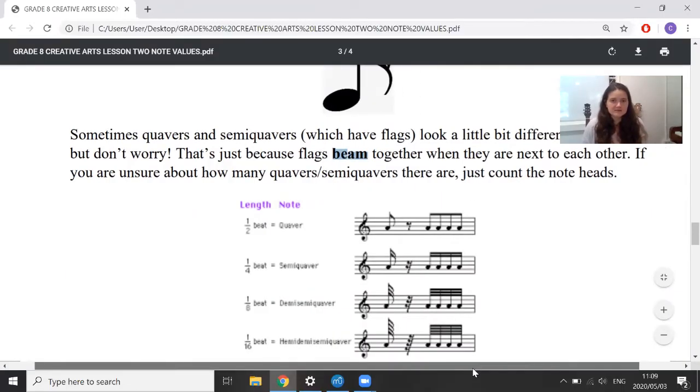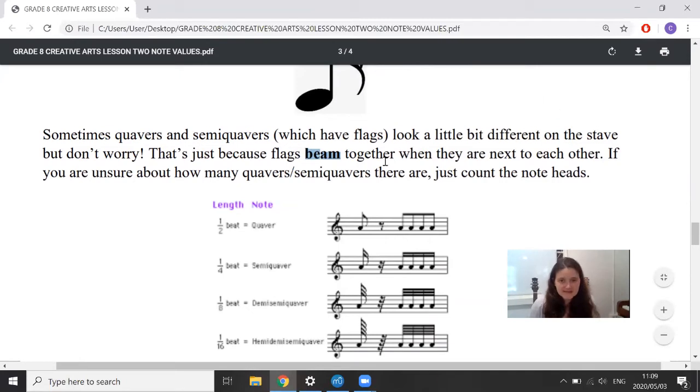They beam together when they are next to each other. I always like to remember it's like they're little friends holding hands. And if they're semi-quavers, they're a little bit strange, and they've got 2 arms on either side that they're holding hands with, whereas the quaver is just normal like us, 1 arm on either side.